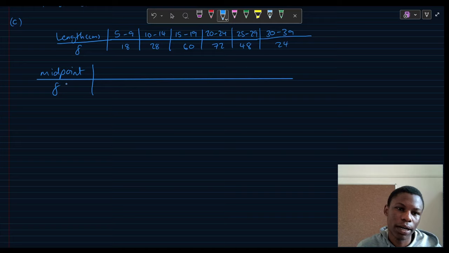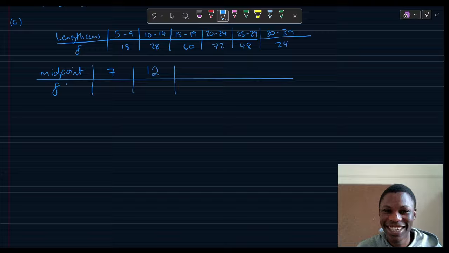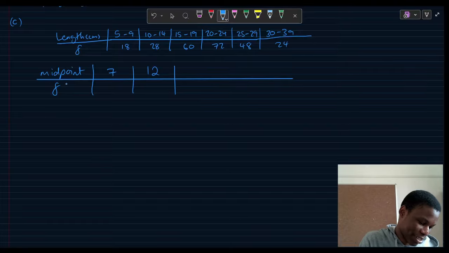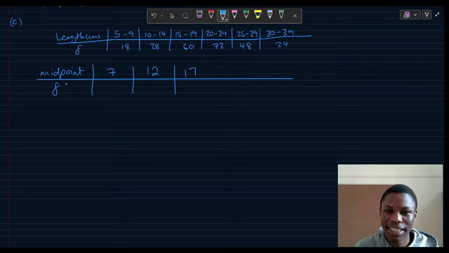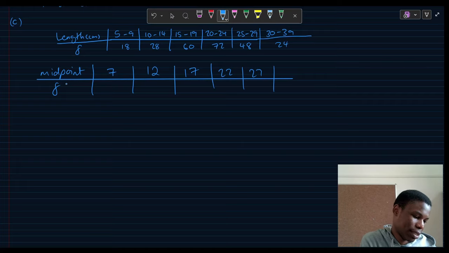So the midpoint of 5 to 9, that's 14 over 2, so 7. The midpoint of 10 to 14, that's 24 over 2, which is 12. 15 plus 19 divided by 2 is 17. Then 22, 27, and then 30 plus 39 over 2, 34.5.